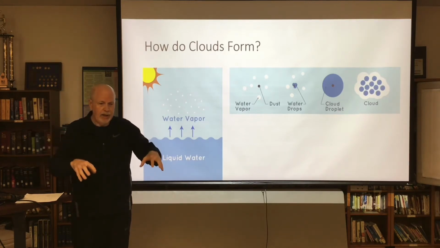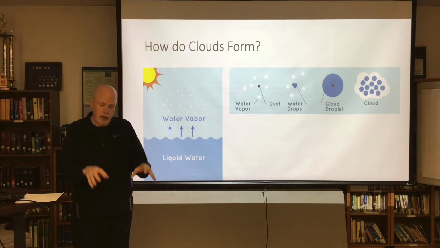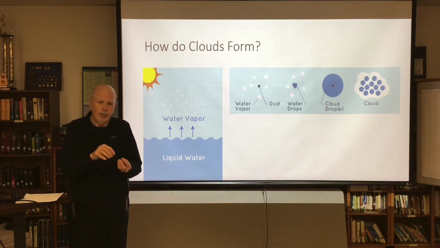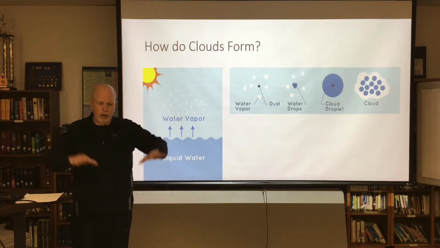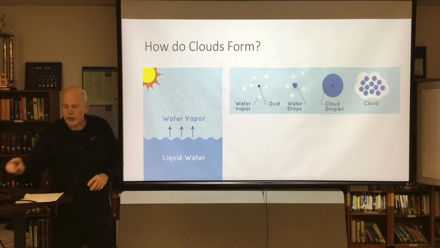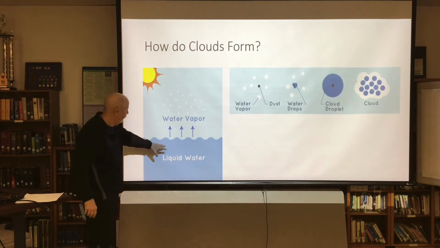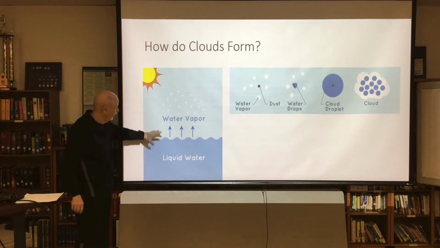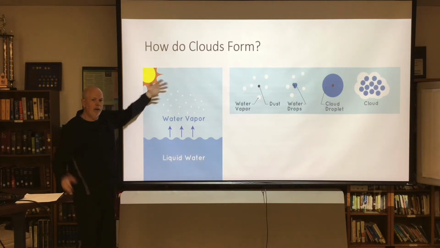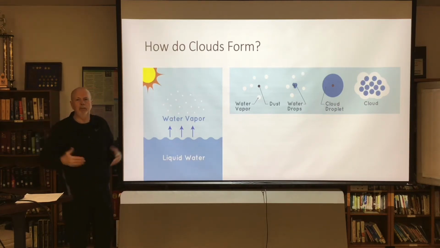When the sun shines on it or the heat gives those water molecules in that puddle a little extra energy, they evaporate, which means they jump out of that puddle and they go up into the air. So in this picture right here, that puddle, when it gets warmed up, allows that evaporation, which is the water vapor, moving up into the air. And the humidity is what we call that.